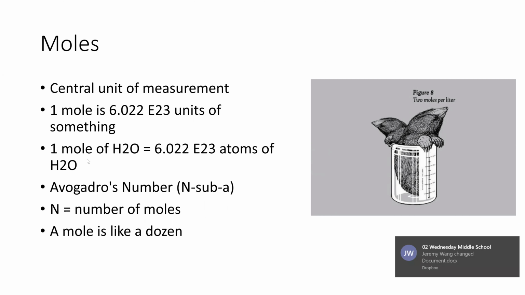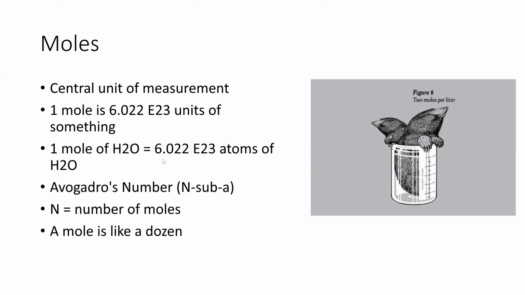As an example, 1 mole of H2O molecules is equal to 6.022 times 10 to the 23rd molecules of H2O. That should say molecules, not atoms. So what is this number, 6.022 times 10 to the 23rd? This number is called Avogadro's number. Avogadro was a chemist from the 1800s.